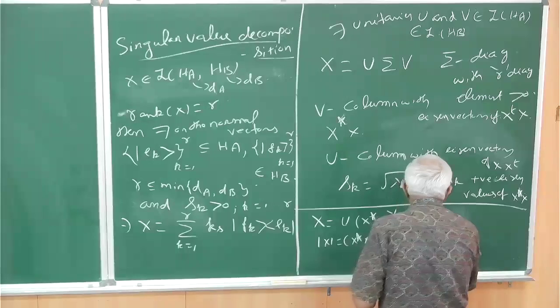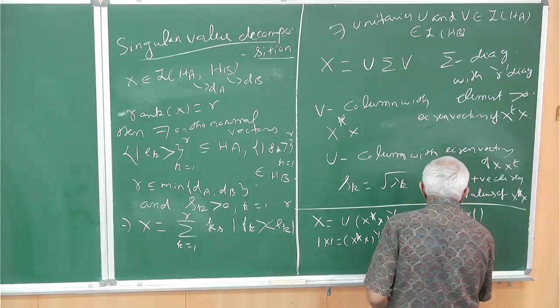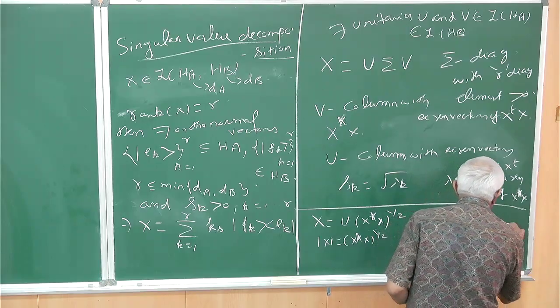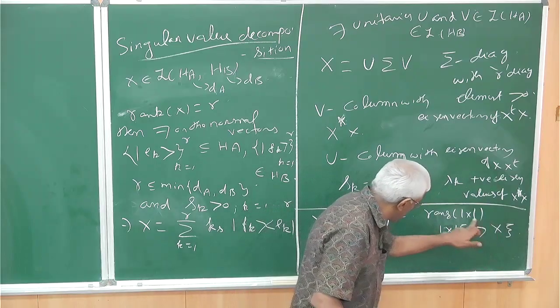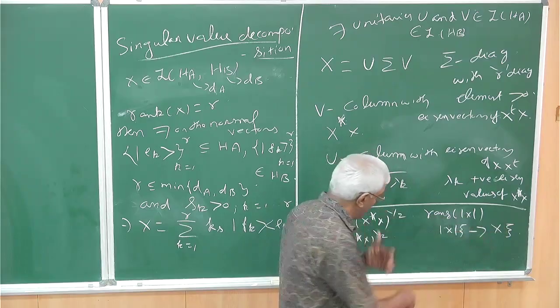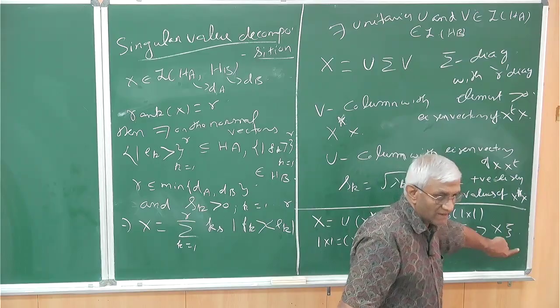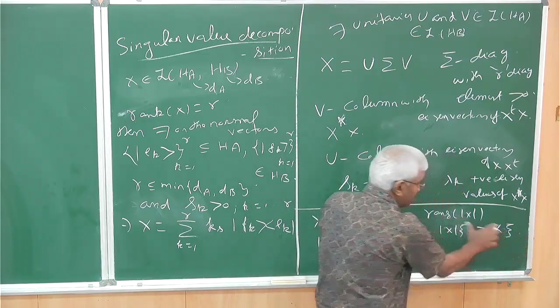So on this range of mod X, you define this operator taking mod X xi to X xi. You can check that this is a unitary operator from this range onto the kernel perp of X star. So you have defined the map on these ranges.